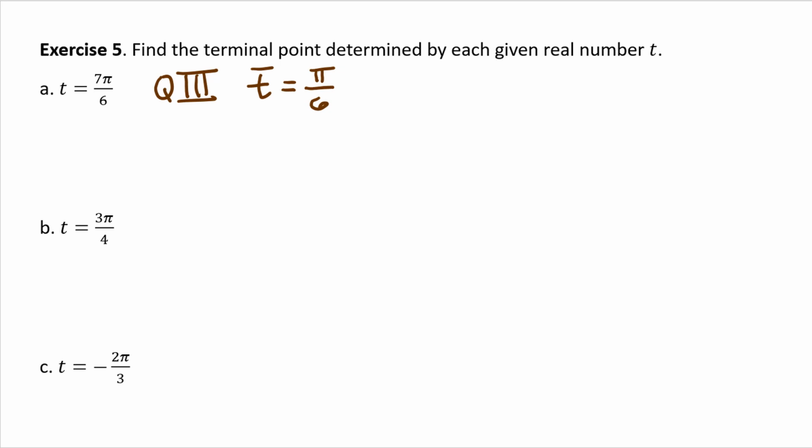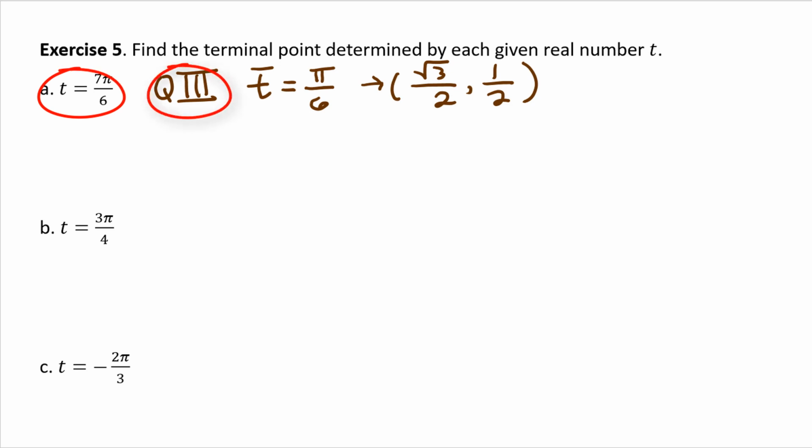The terminal point that corresponds to pi over 6 is (square root of 3 divided by 2, 1 divided by 2). Accounting for the fact that 7 pi over 6 lies in the third quadrant, we adjust the signs so that the x value is negative, negative square root of 3 divided by 2, and the y value is also negative, negative 1/2.